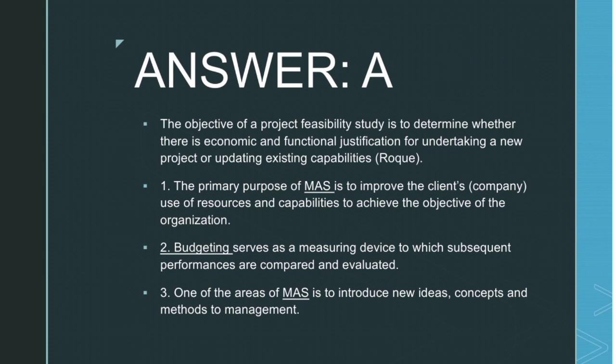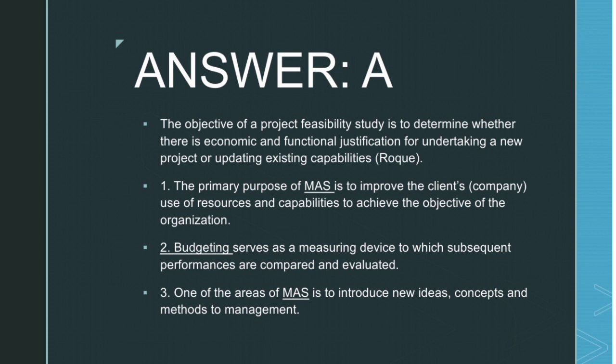The answer to the third question is letter A, because the objective of a project feasibility study is to determine whether there is economic and functional justification for undertaking a new project or updating existing capabilities. So why the others are false?